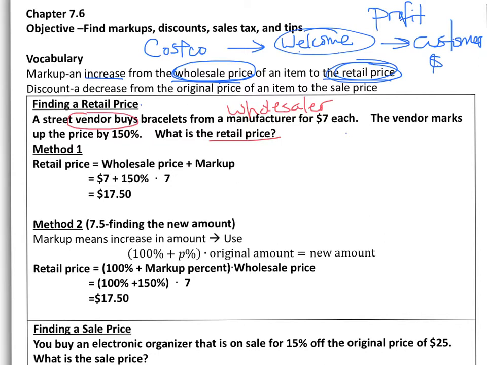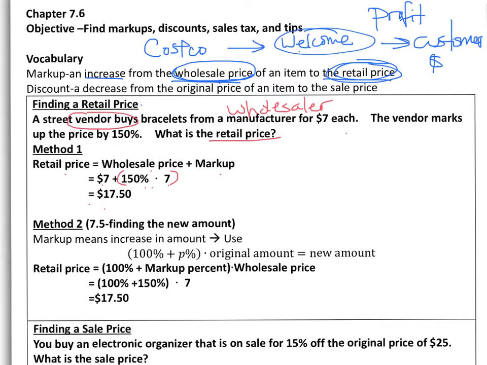Okay, so method 1, you can do retail price equals wholesale price plus markup. So you just write $7 plus 150% times 7 will give you the amount of increase, which equals $17.50.